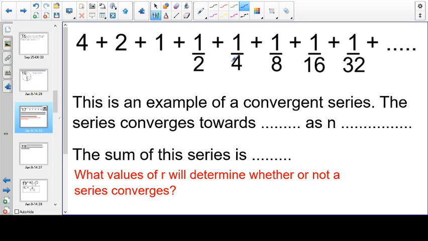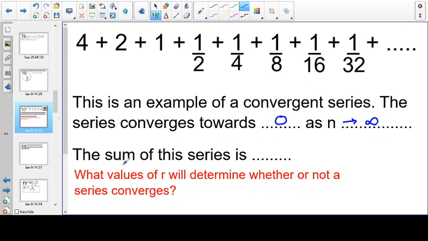So we look at this series here, 4 plus 2 plus 1 plus a half plus a quarter. You can see that this is a convergent series because it is just getting smaller and smaller. The series converges towards 0 as n tends to infinity. So as the position number gets bigger and bigger, the series is converging towards 0.